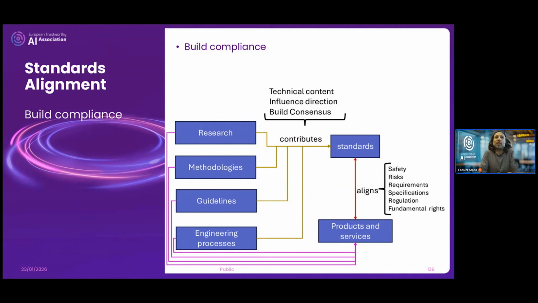Now we will go to build compliance. Before build compliance, we have to contribute to standards. And to write standards, we need scientific work and scientific knowledge. We have methodologies, we have guidelines, we have engineering processes. All of these skills contribute to the writing of standards.